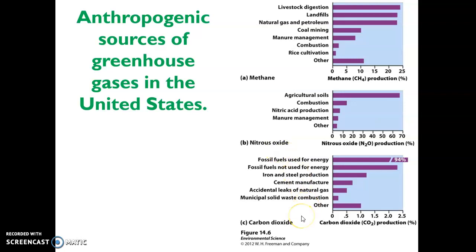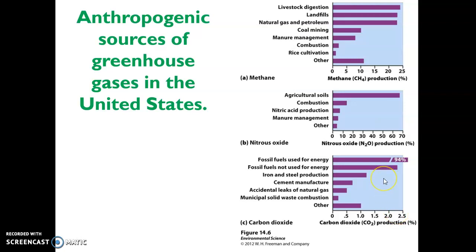And last, we have CO2. So this chart is a little bit misleading because it's a bar graph, but fossil fuels used for energy constitute 94%. So if that was on this graph, that would be somewhere like over here, right? Way far over. And the next runner up here, fossil fuels not used for energy, is only down here at 2.5%.